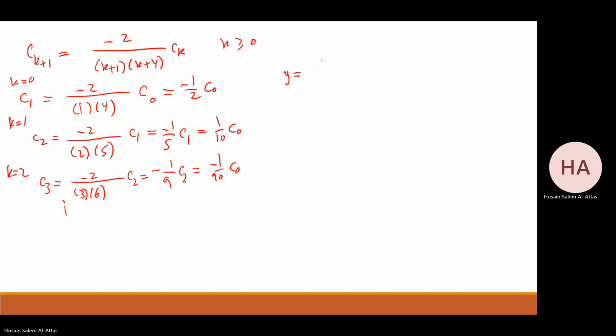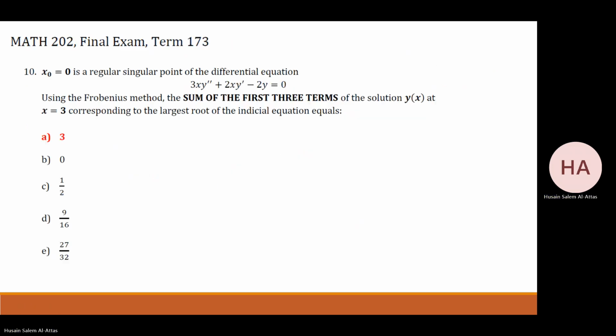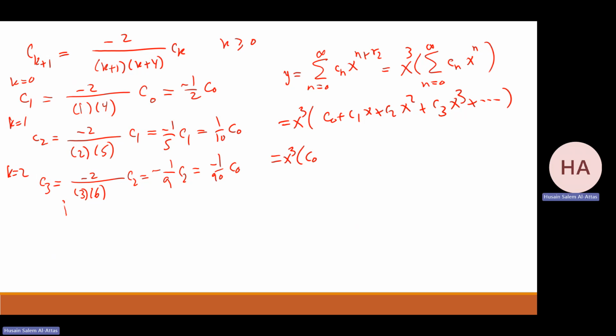y will be summation n equals 0 to infinity c_n x to the power n plus r, 2 or 1, who cares what we call it. So I have x cubed outside, then summation n equals 0 to infinity c_n x to the power n. So that gives me x cubed times c0 plus c1 x. What is c1?